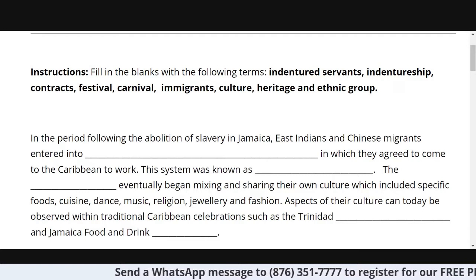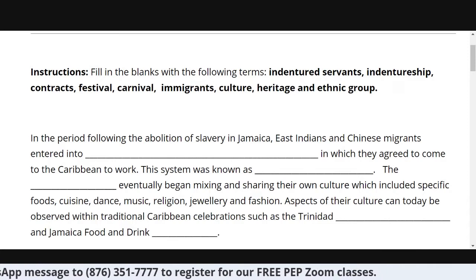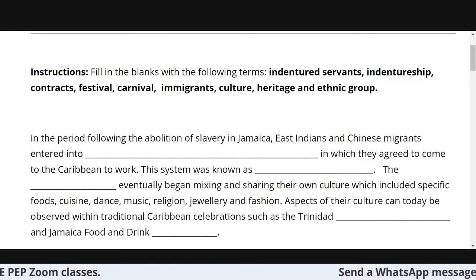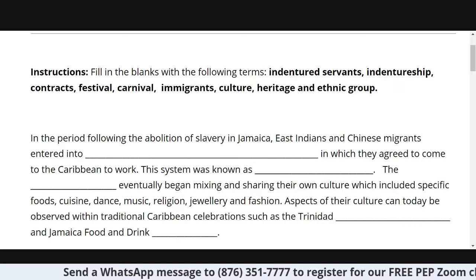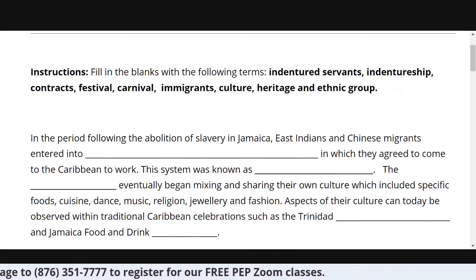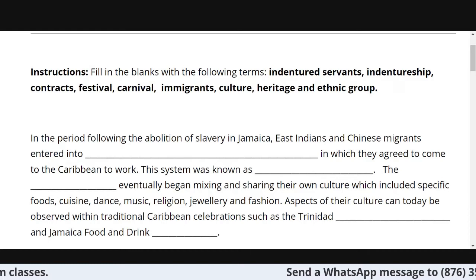Some background, I know some of you missed out on September, so let me give you a little bit of background. Remember, when slavery was abolished, the plantation owners still had their plantations and they needed workers. So they had to find persons to replace the Africans who were no longer slaves. Some Africans decided that they would go back and work for pay, while some did not want to work for the plantation owners because they had a bad experience on the plantation.